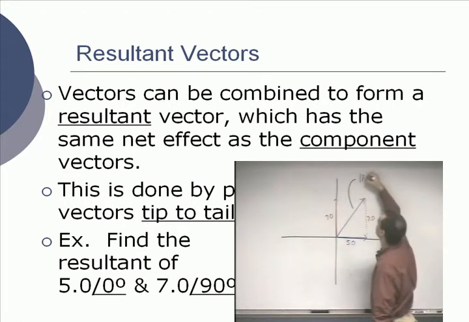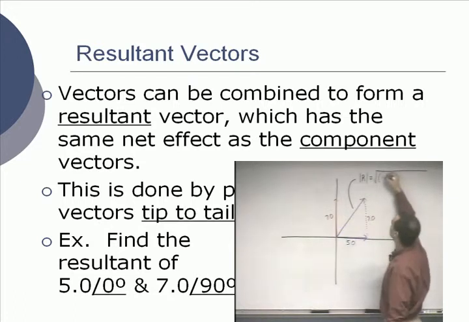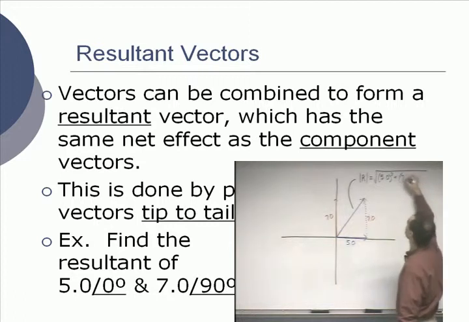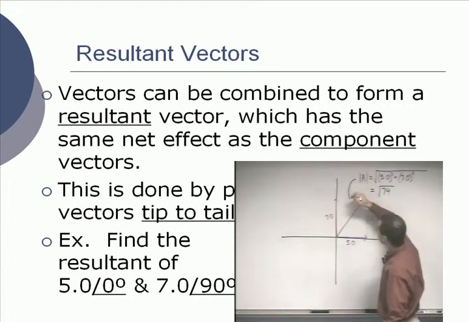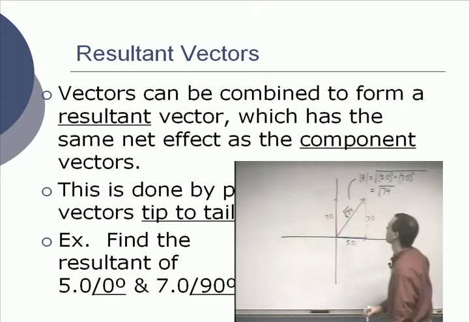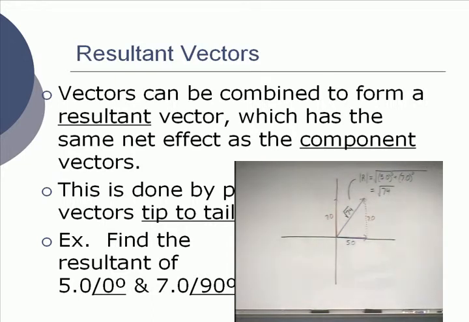So the magnitude of r will be the square root of 5 squared plus 7 squared, which turns out to be square root of 74. So we know our magnitude now. We could convert that to a decimal, 8 point something, but we'll just leave it the way it is because that's exact.